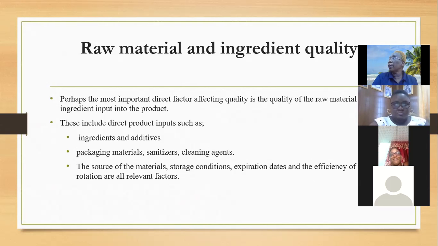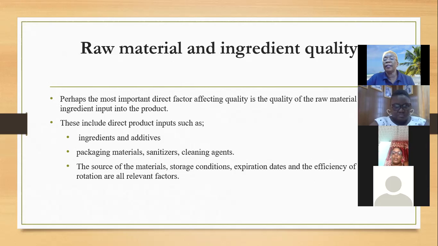Our raw material and ingredient quality is important to maintain the quality that you want throughout the life cycle of this product. We can't start with the best quality and then reduce to that low quality or no quality. It cannot work.